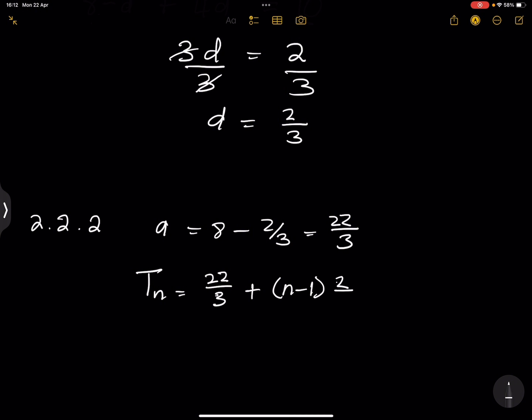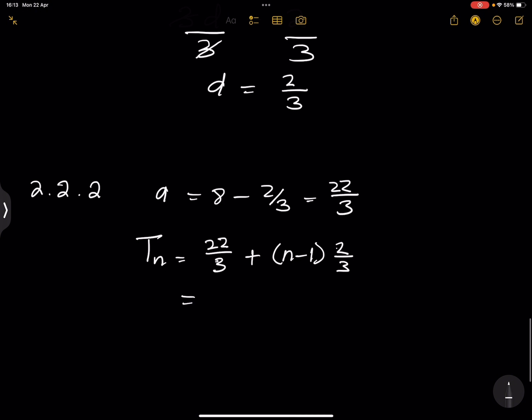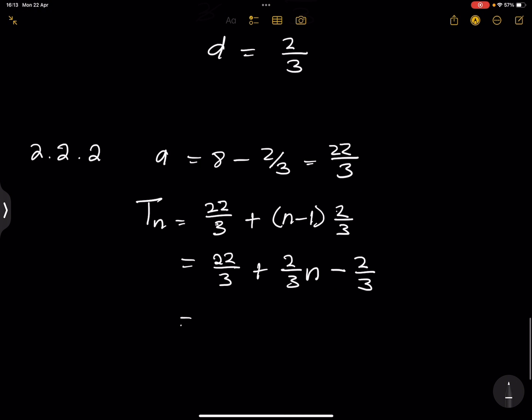That's 2 over 3. So to write this, we get 22 over 3 plus 2 over 3n minus 2 over 3. And so what do we get there? That gives us 2 over 3n plus 20 over 3. Or if you want to, I can express it as 1 over 3 times 2n plus 20.